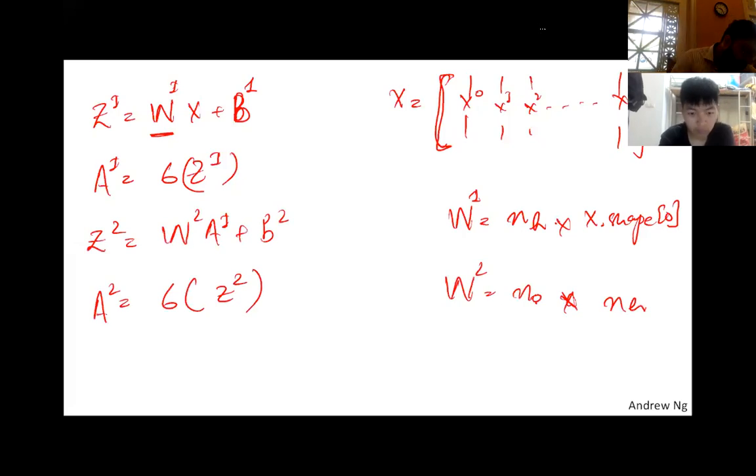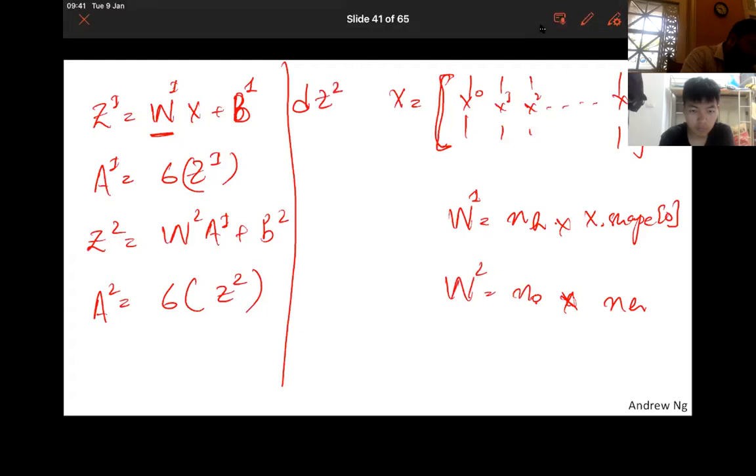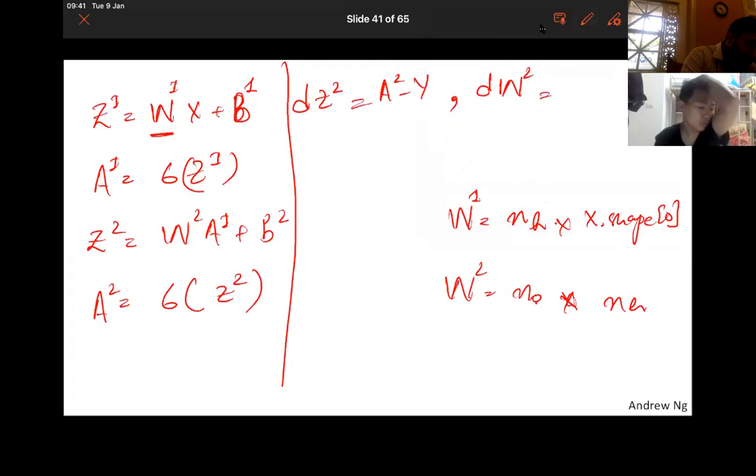Now, to calculate the backpropagation equations, to calculate the gradients, what you need is dZ2, which is the partial derivative of the loss function with respect to Z2, and this is A2 minus Y. Then the partial derivative of W2 is dZ2 times A1 transpose.